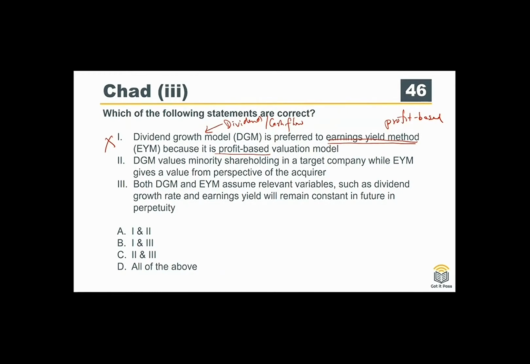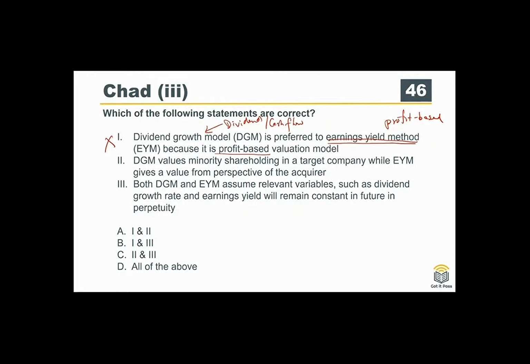For the usefulness, we explained in the mind map that the DGM is preferred by minority shareholders, because their investment objective is to receive dividend income. So they prefer the dividend growth model to evaluate whether it is worth investing in a company's shares.